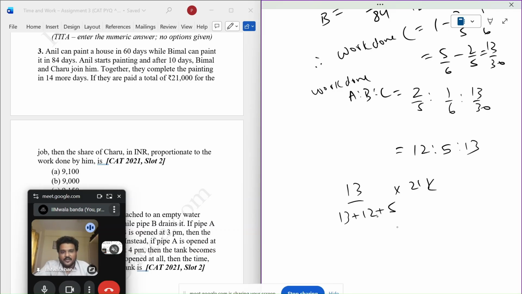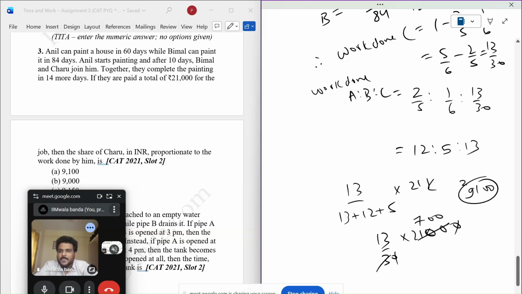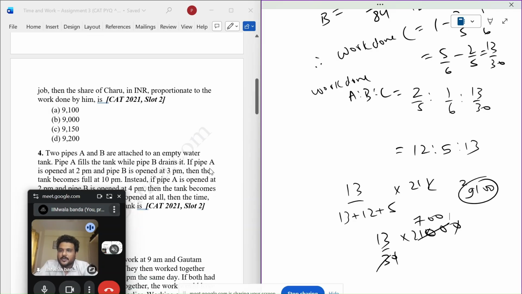So 13 by 30 into 21,000, which comes to 9100. That is the answer, option number A.